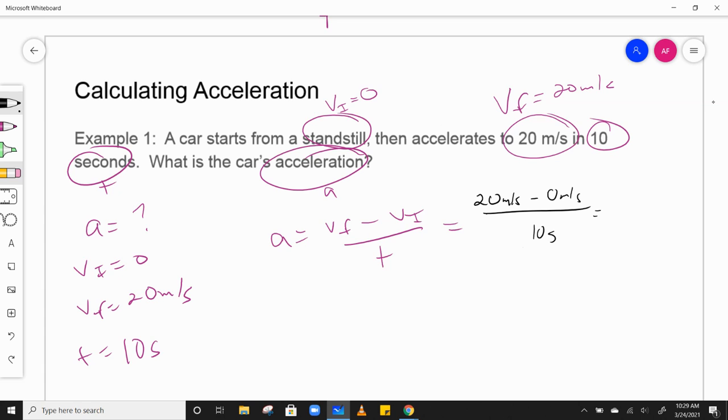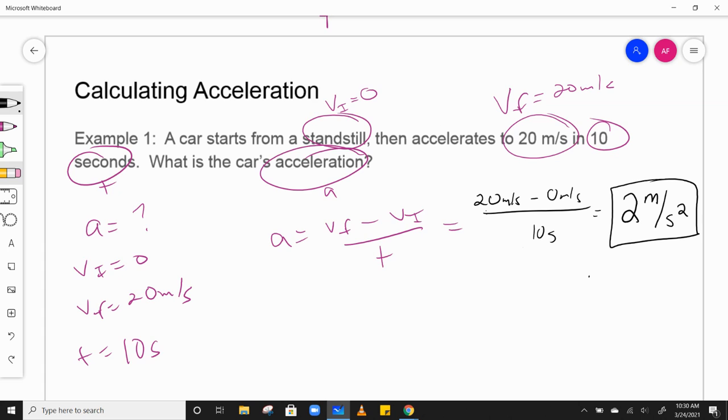When we do the work here, 20 minus 0 is 20, divided by 10. 20 divided by 10 is 2. And the units are meters per second divided by second, so it's meters per second squared. So that is our answer.